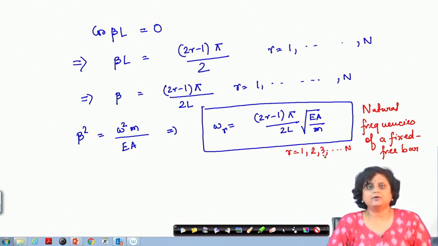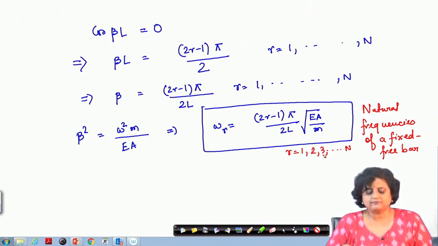Therefore, we can see from the mathematical derivation also that there could be infinite possibilities of natural frequency that exist for a continuous system. For each integer value of r, I am going to get a natural frequency of the system.